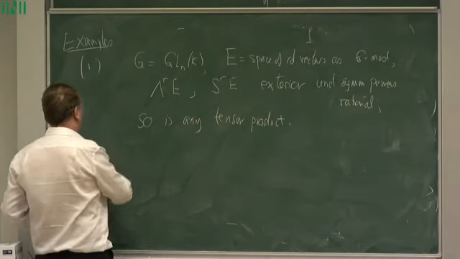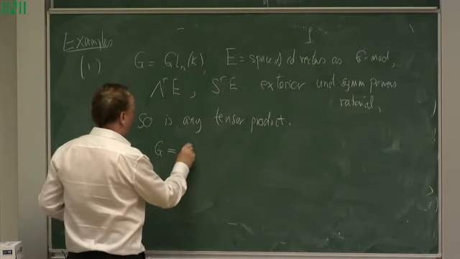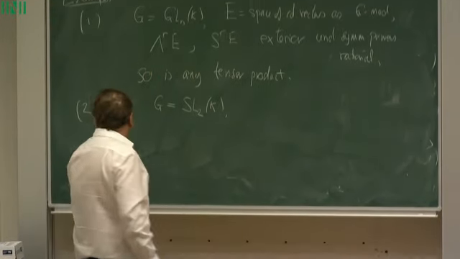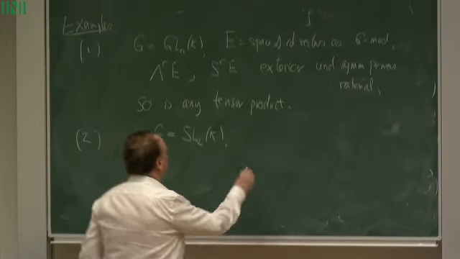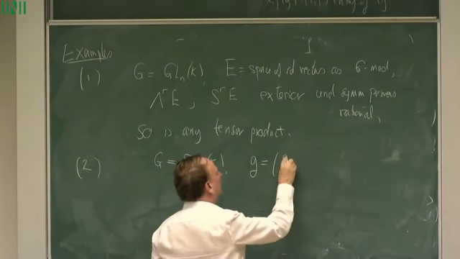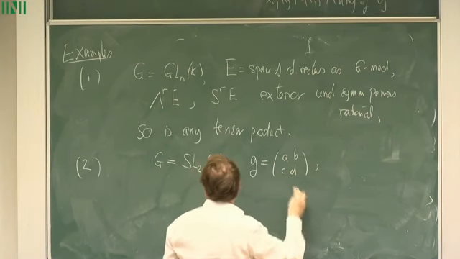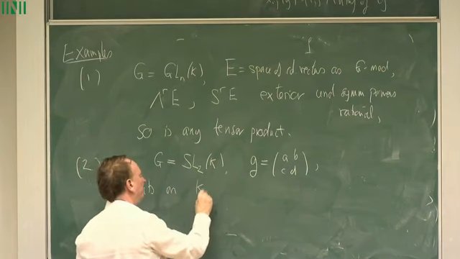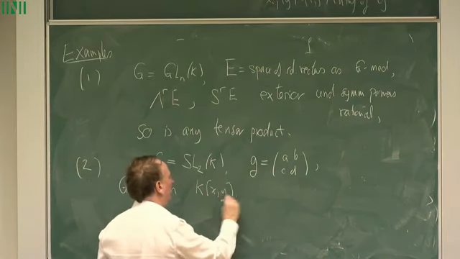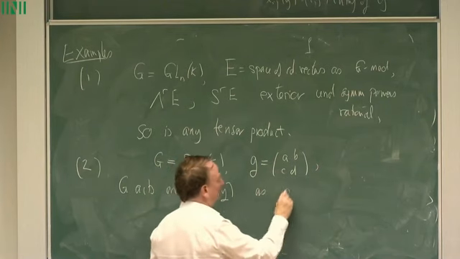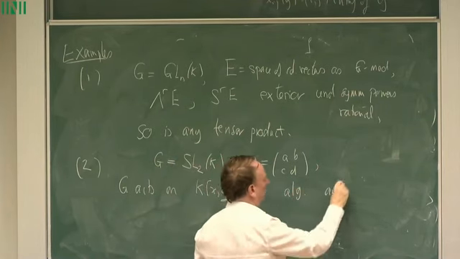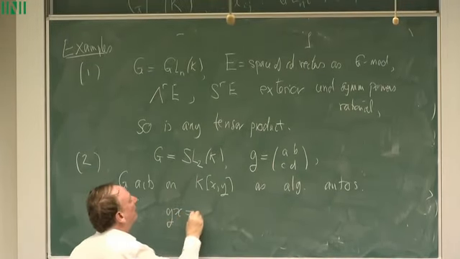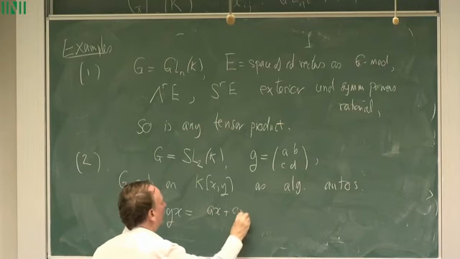Two, let's look at SL_2. So if I write an element of SL_2, I'll write it as a matrix A, B, C, D. Now G acts on the polynomial algebra in 2 variables as algebra automorphisms. G of x is ax plus cy.